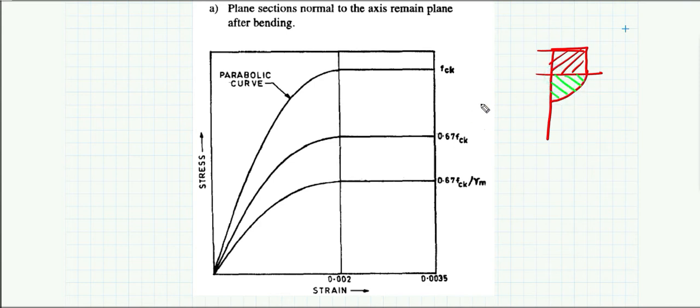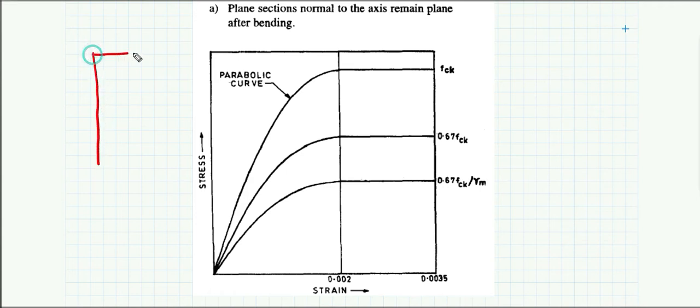Now, if you remember, in working stress method we consider that the stress distribution diagram is linear, triangular, where we have compressive stress at the top and tensile stress at the bottom.